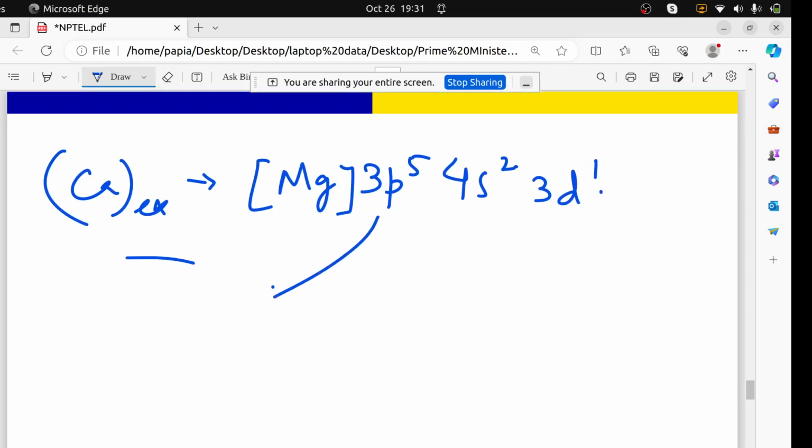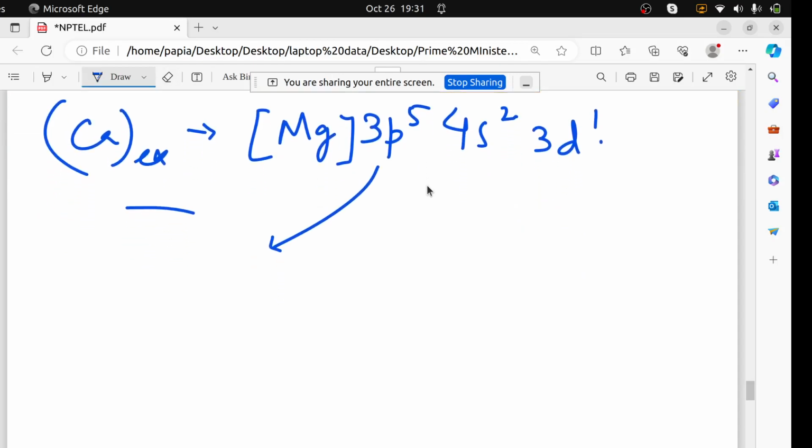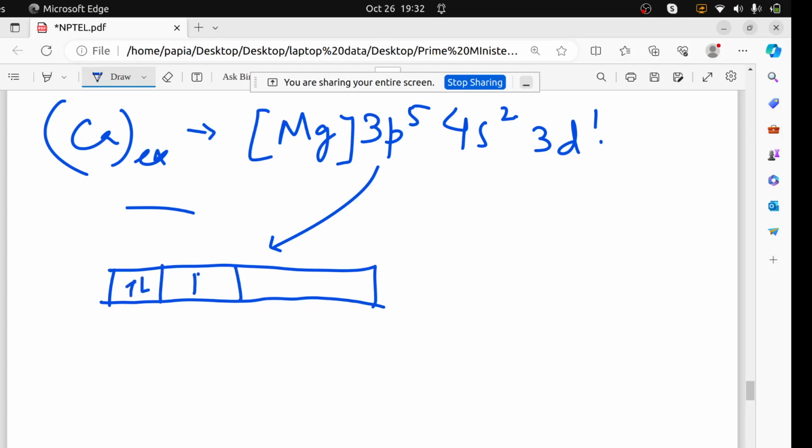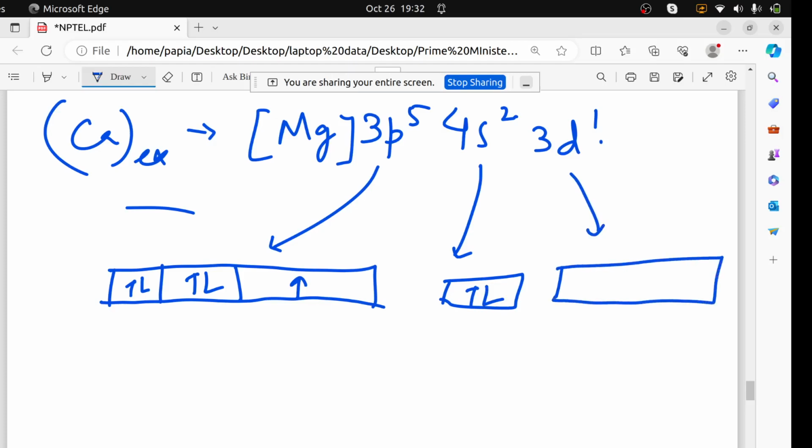Now you can see here for 3p5, what will be the case? 1, 2, 3 orbitals: this one, this one, this one, but this one is left unpaired because 3p5 is there. Now for s, it is fully filled. Now coming to d, there will be 5 cells, 1, 2, 3, 4, 5.